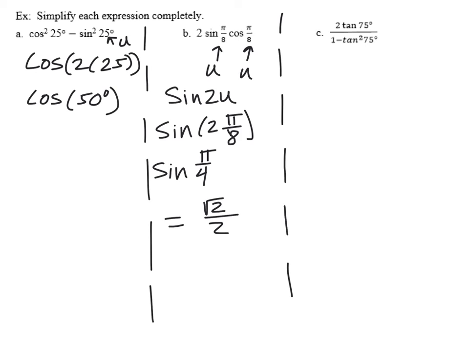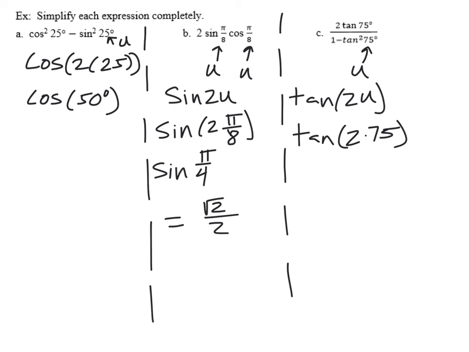Now, for A and B, there was a little thought process going into those, where you're wondering, is it a sine? Is it a cosine? For part C, it's probably pretty obvious that it's a tangent, okay? U is 75, so we could simplify this to say this is tangent of 2u, or tangent of 2 times 75.